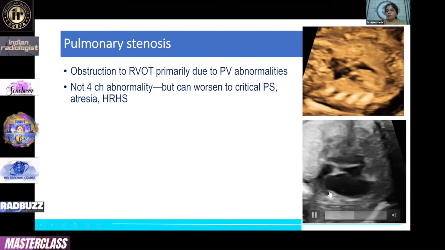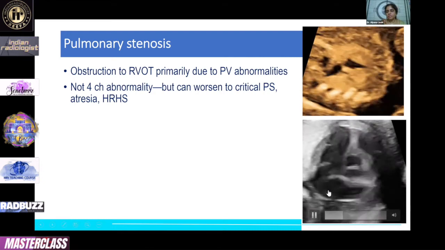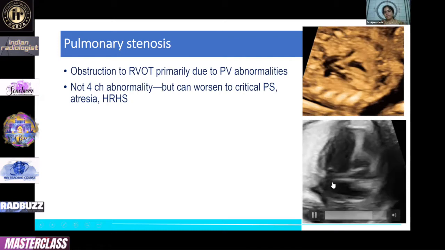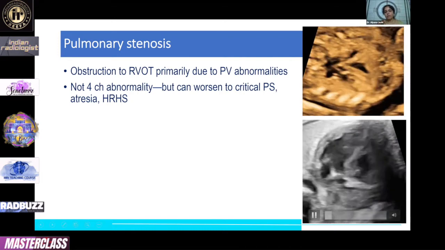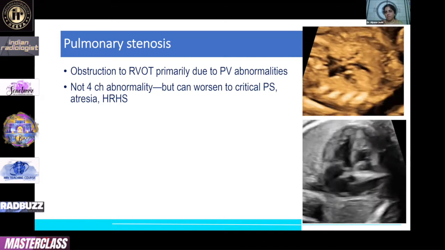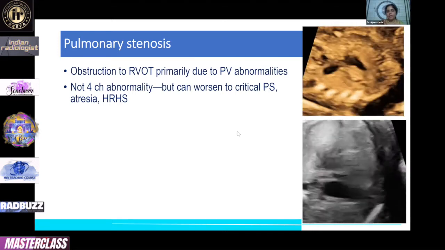There is quite a lot of foraminal flap bulging into the left atrium. The gradient had increased, but this patient had an uneventful postnatal period. Immediately on day 1, the valvuloplasty was done. The child is almost 1 year old and is doing fine.